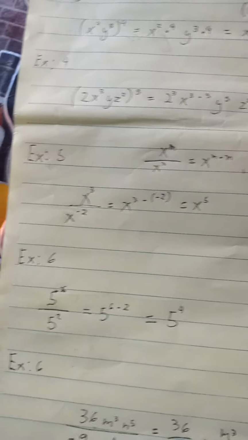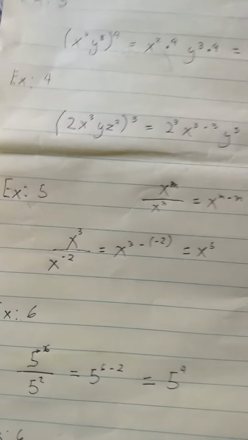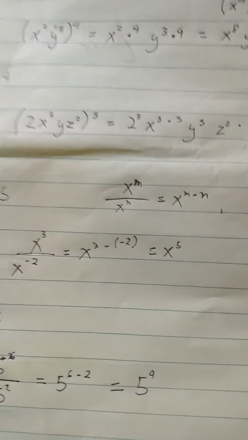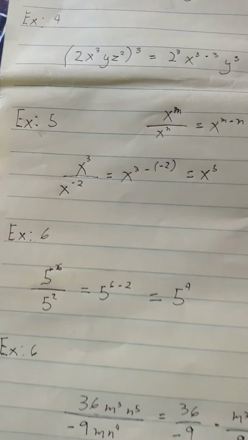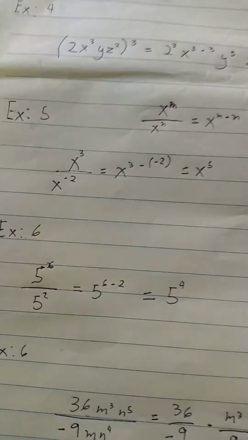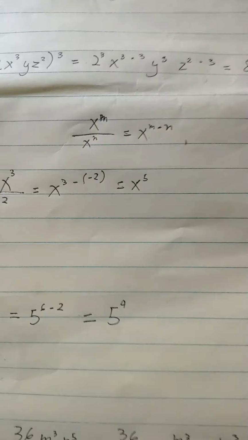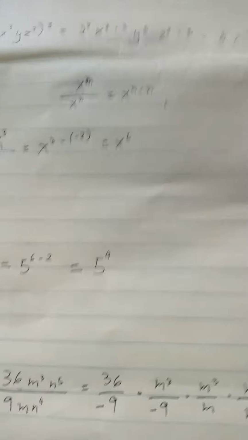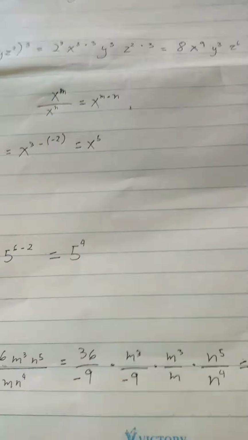Next example here is 5 to the power of 6 over 5 squared equals 5 to the power of 6 minus 2 equals 5 to the power of 4.